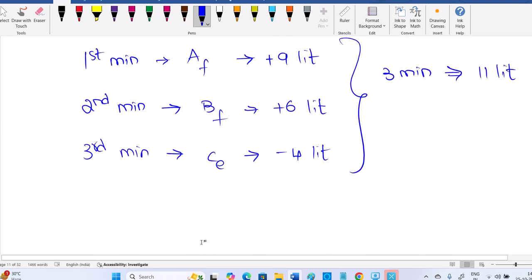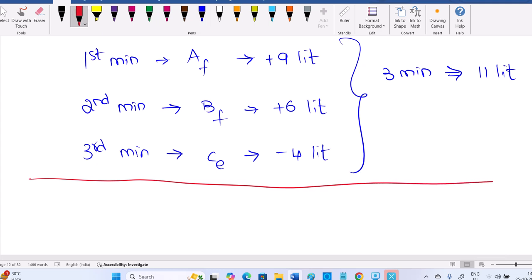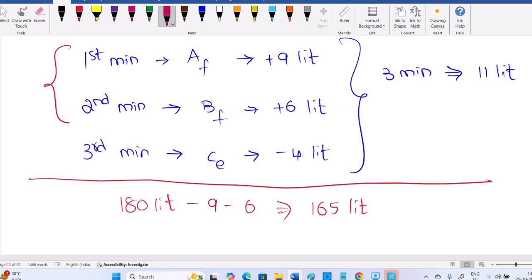Listen, okay, to avoid mistakes or to give the correct procedure, first what you have to do: the filling capacities, first you remove from the total target. Total target is how much? 180 liters. Here initially filling capacity is 9 and 6. Remove that. Then your target will be 165 liters. Now 3 minutes 11 liters.